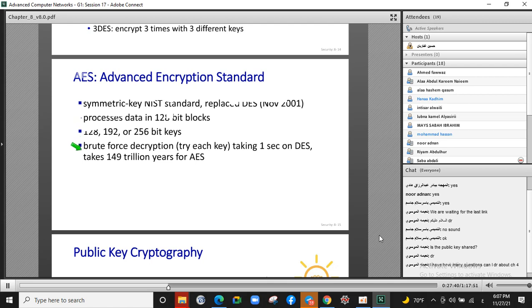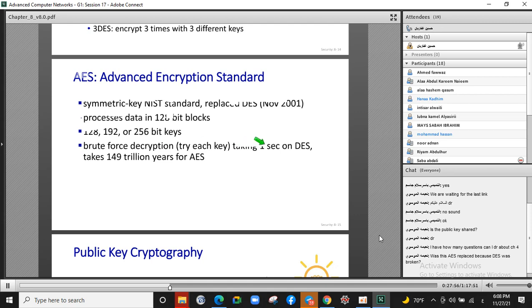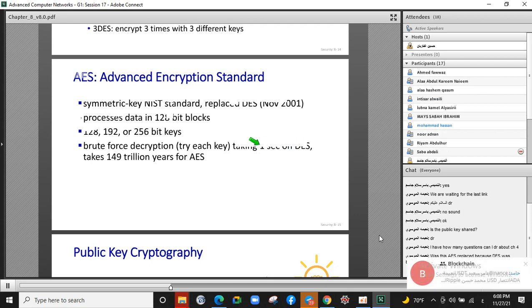To compare the strength, let's suppose that I'm decrypting texts which are encrypted with DES in 1 second.